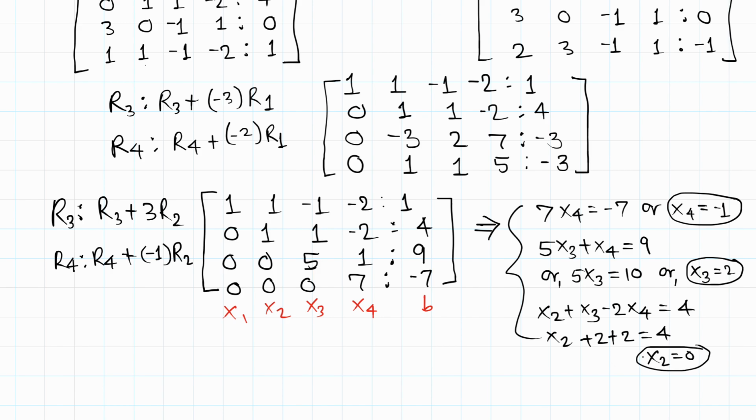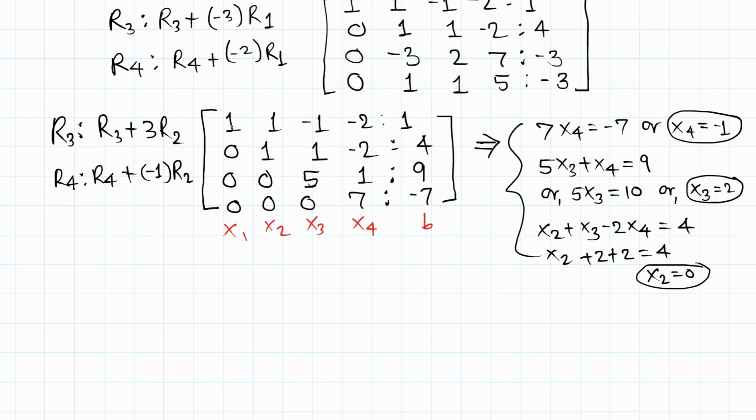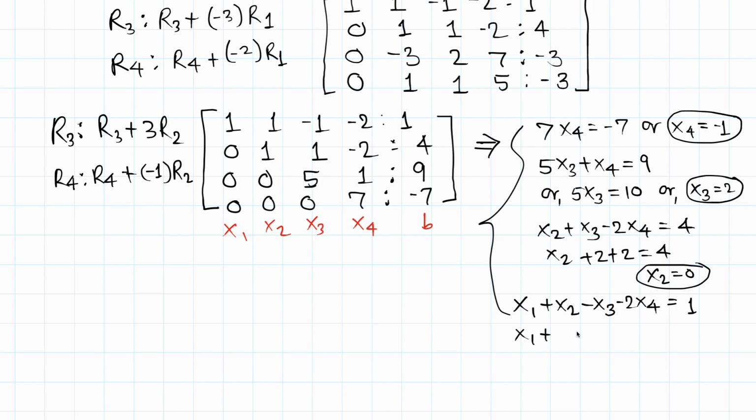And finally from the first row, this is 1x1 plus 1x2 minus x3 minus 2x4 equals 1. x1 is to be determined, plus x2 which is 0, minus x3 which is 2, minus 2 times x4, and x4 is negative 1.